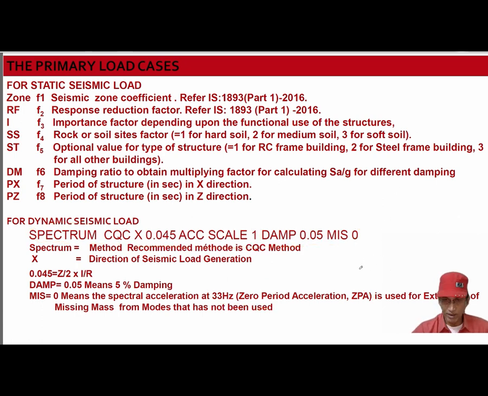Now, when a building is subjected to a seismic occurrence, it vibrates under various modes. So, for example, suppose our structure is like this. Then it could vibrate like this, which could be the first mode of vibration.